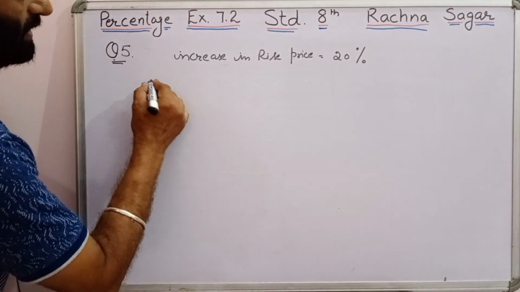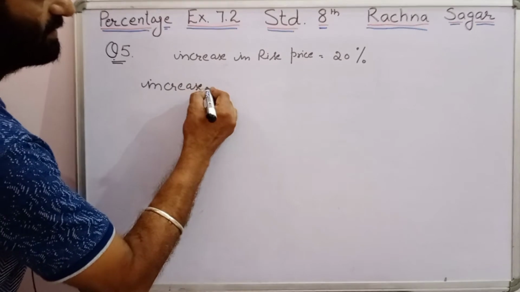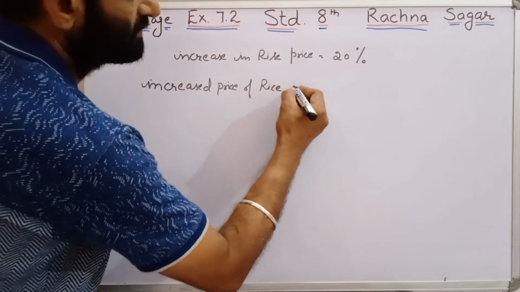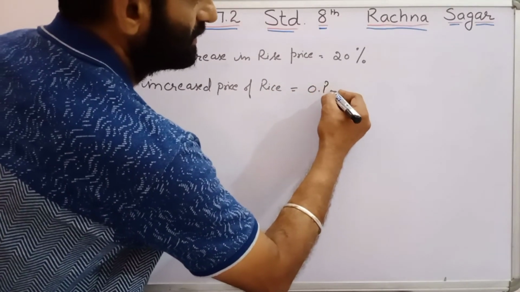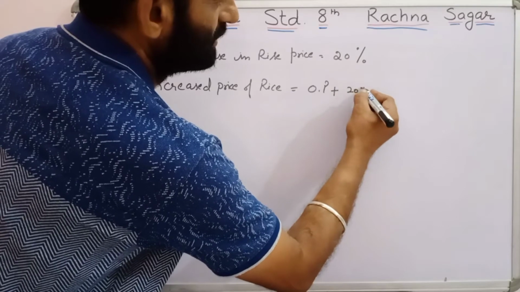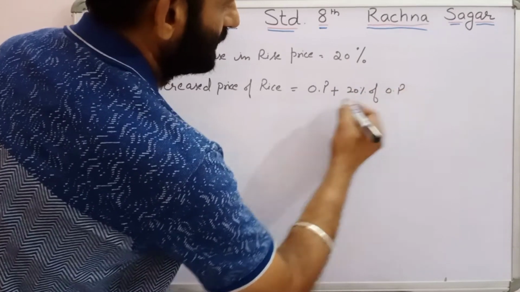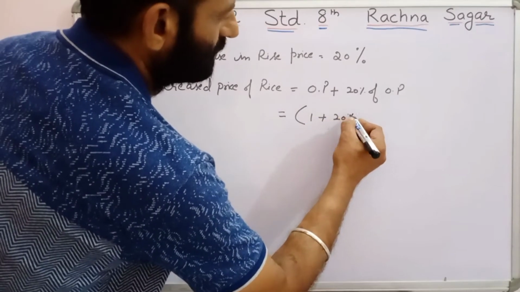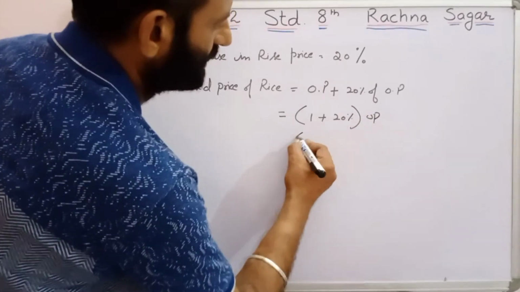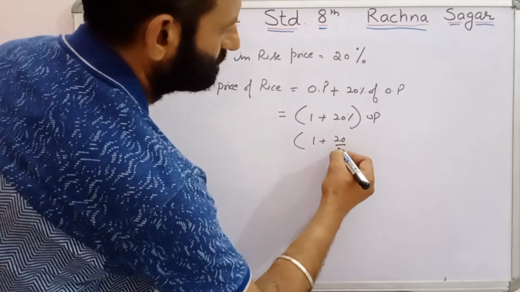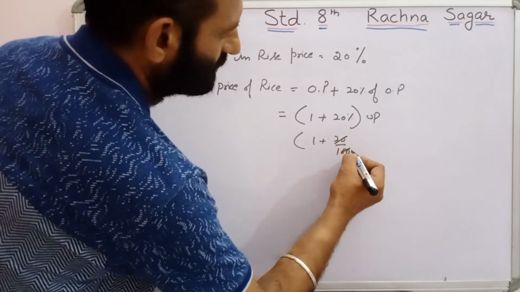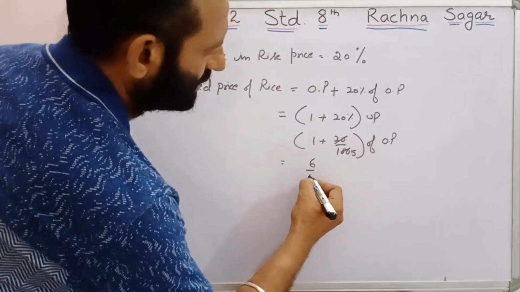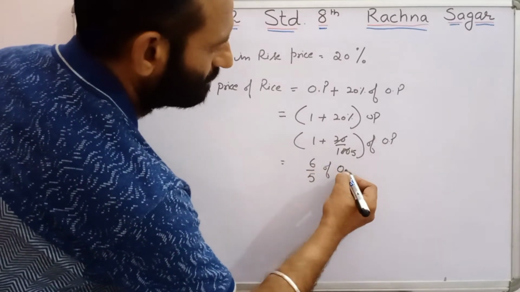Now the increased price of rice is equal to original price plus 20% of original price, that is 1 plus 20 over 100, 1 plus 1 by 5 of the original price, it becomes 6 by 5 of the original price of the rice.